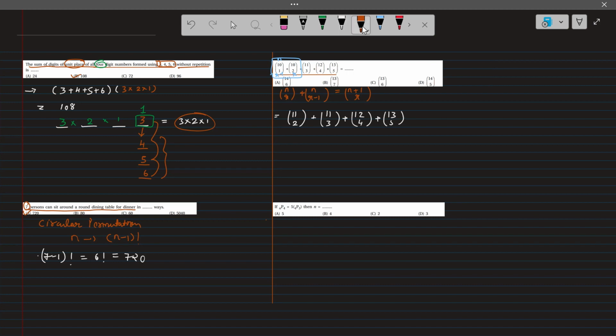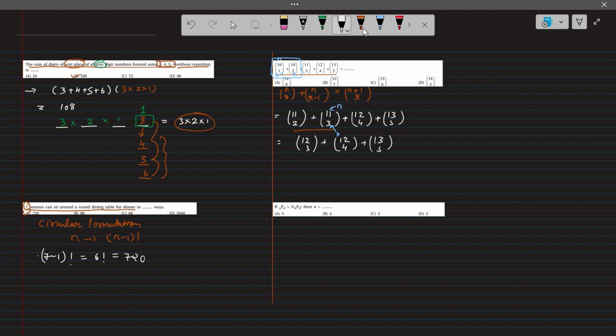We'll go on with this method for the first two terms. Again, 11C2 plus 11C3 satisfies our property, and here n becomes 11, so n plus 1 will become 12. r becomes 3, so the answer should be 12C3, because 3 becomes our r, 11 becomes our n. So 12C3 plus 12C4 plus 13C5.